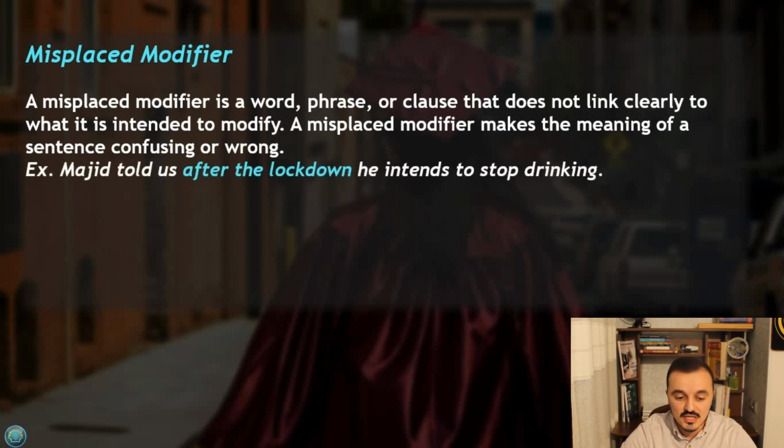First, Majid told us after the lockdown he intends to stop drinking. It's not clear. After the lockdown Majid told us, or Majid told us he intends to stop drinking after the lockdown. So in this case, my misplaced modifier makes my sentence a little bit confusing.